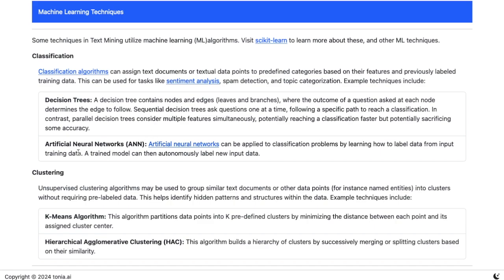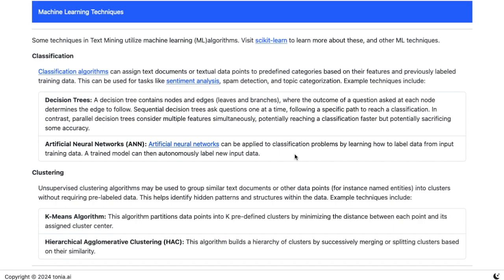We can also apply artificial neural networks, so our deep learning techniques, to the classification problem and train a neural network to learn how to label data based on input training data. So we train the neural network to be able to classify a set of pre-labeled data, and then when new data is presented to the neural network, it can predict what classification that new data falls in.